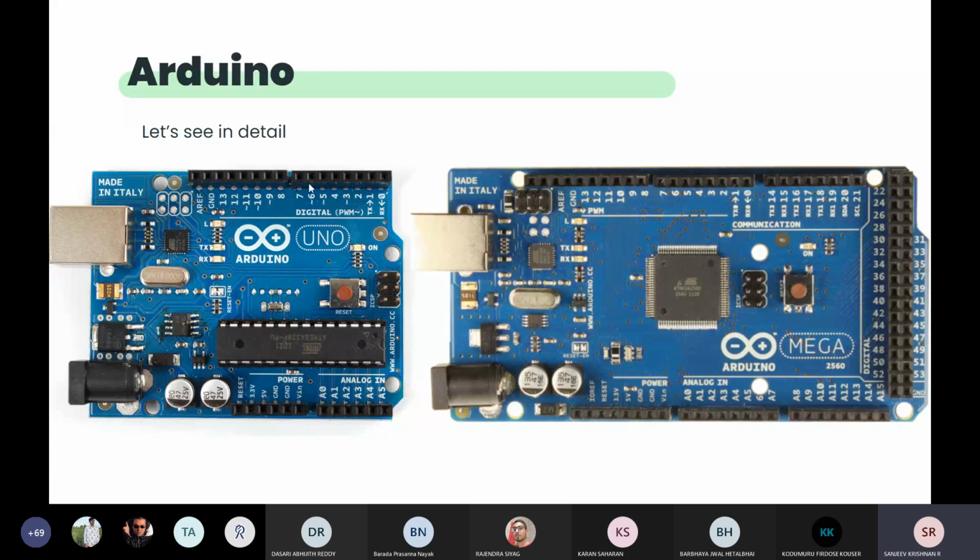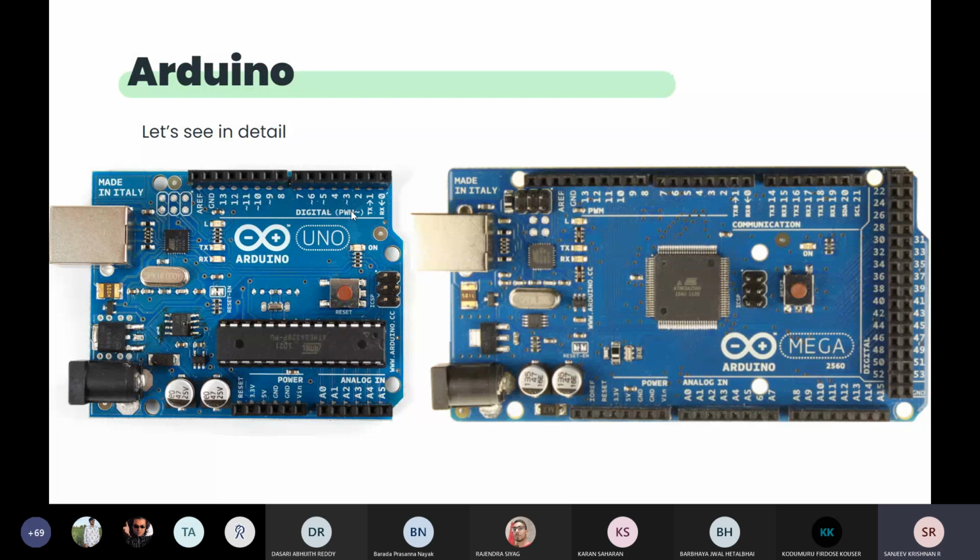All the other pins are digital pins. They can be used for input and also for output. Digital input is only one kind, but digital output can be two things. One is normal digital output. The other is PWM output, pulse width modulated output. In Uno, you can see PWM pins are marked with this symbol: 3, 5, 6, 9, 10, 11.